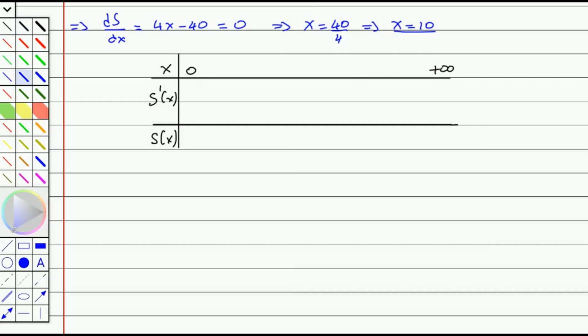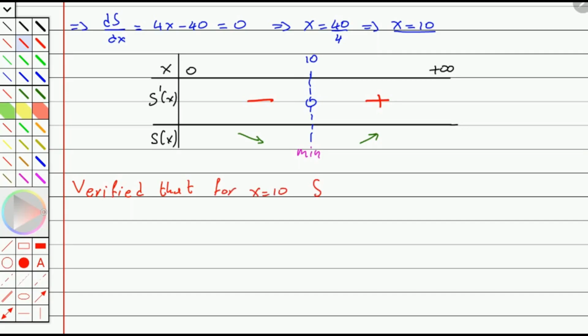So we place number 10 in the middle, which is a single root, and from the final form of the derivative we can see that the highest order term is positive. So positive, negative, and so we have decreasing and then increasing. So x equals 10 is an extreme point and it is definitely a minimum, and so we have verified that for x equals 10, S of x is minimum.